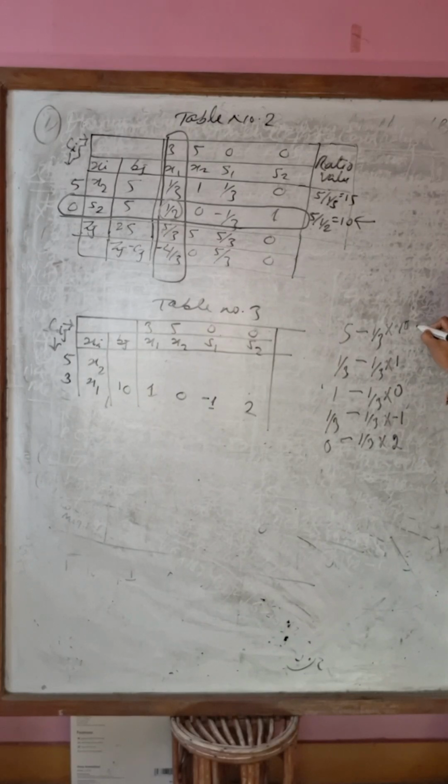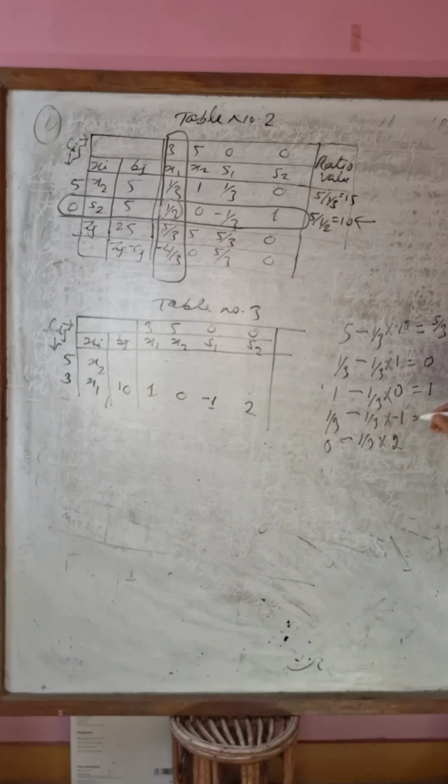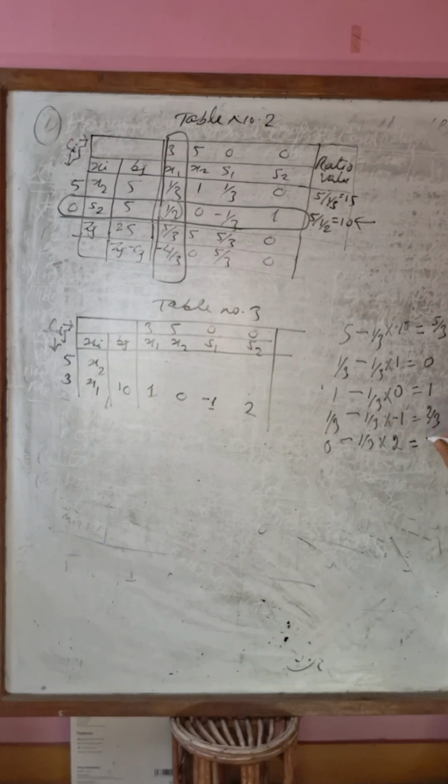Now simplify. If you simplify, then 15 minus 10, 5 by 3, you will get this value. Here this one is 0, this one is 1, this one is plus 2 by 3, and this one is also minus 2 by 3.